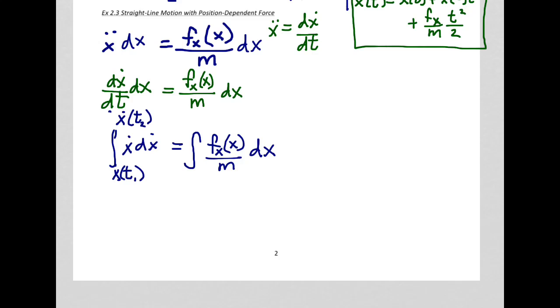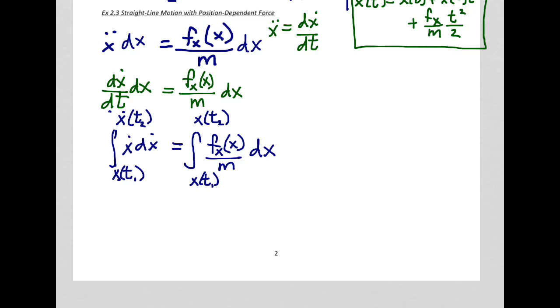And on the right-hand side, because we're integrating across position now, it's going to be the position at time 1 to the position at time 2.